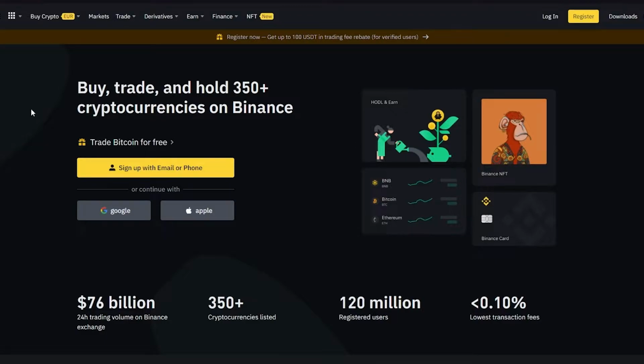Once you have chosen your website, for example, I'm here on Binance.com right now, we're going to go right ahead and register for an account. Remember when you're registering, you need to put in all the correct details, your correct email, correct password.